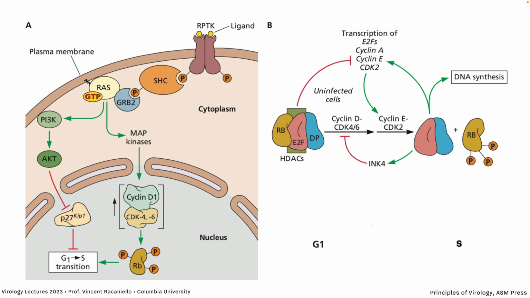And a key part of it is the RB protein. When RB is phosphorylated, it's bumped off another protein, the E2F protein, and that turns on the transcription of all the genes that are needed for cell division. So here on the right, here's RB bound to E2F. Just to remind you, RB recruits histone deacetylases to the promoter of all these genes, and that represses transcription by tightening up the histones.